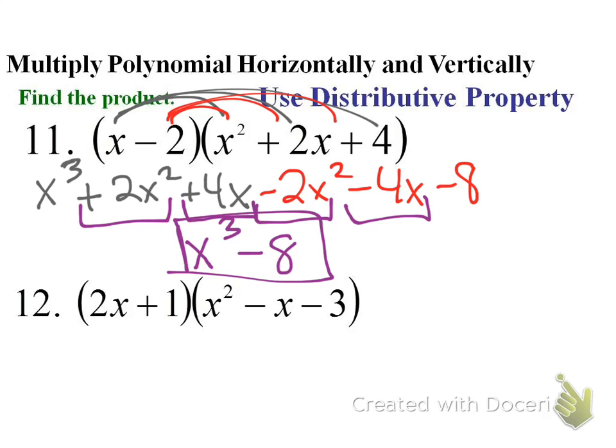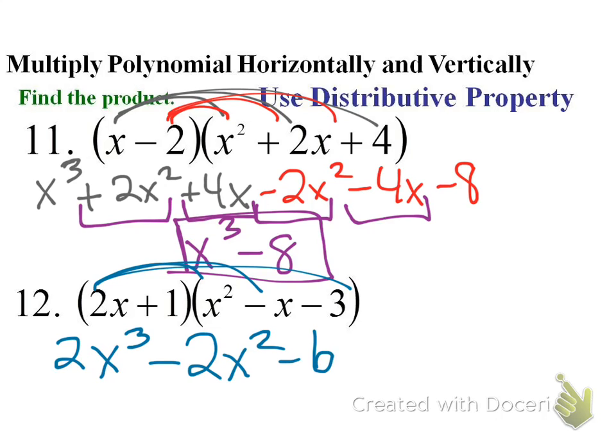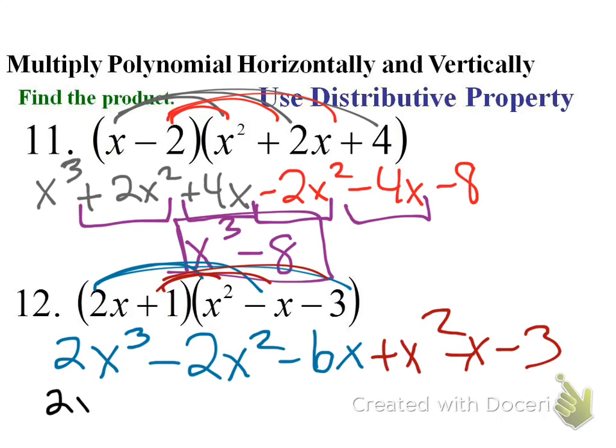Great. Same thing on the next one. Double distribute, so 2x to the third minus 2x squared minus 6x plus x squared minus x minus 3. Nothing's going to combine with my 2x to the third.